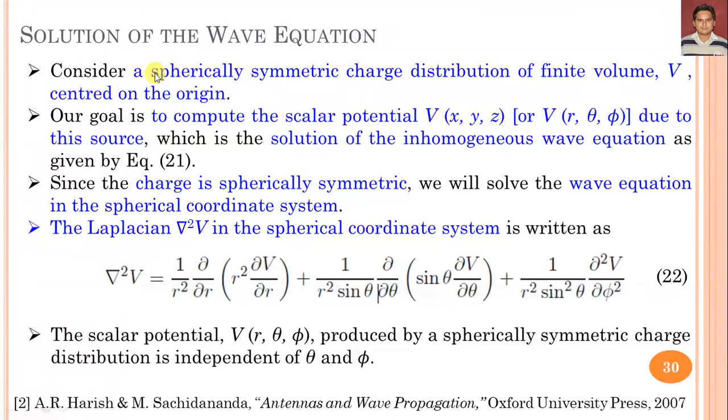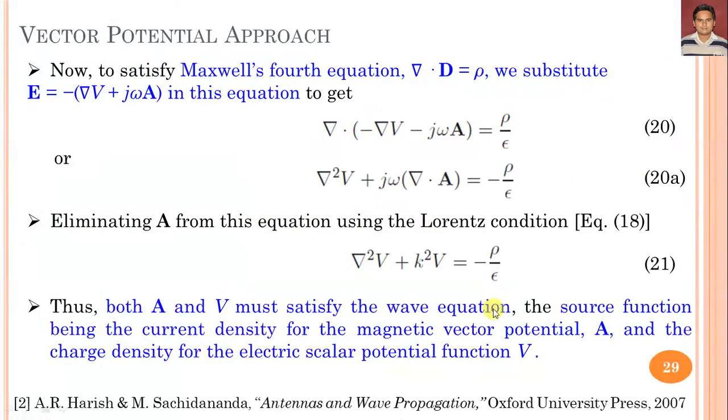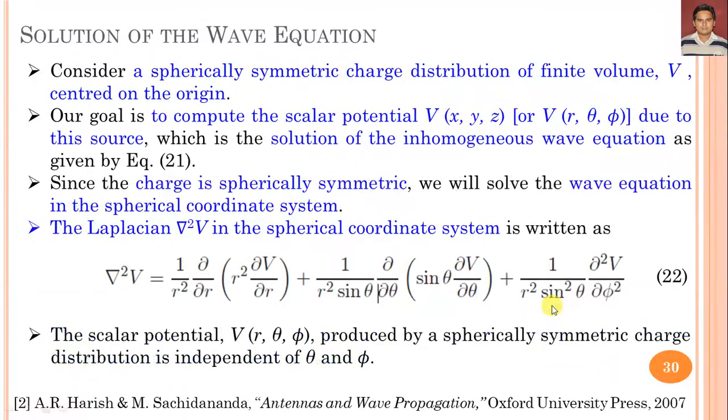centered on the origin. So our goal is to compute the scalar potential function V, and we can represent it in terms of x, y, z coordinates, or in terms of spherical coordinates r, theta and phi, due to this source, which is the solution of an inhomogeneous wave equation as given by equation 21.